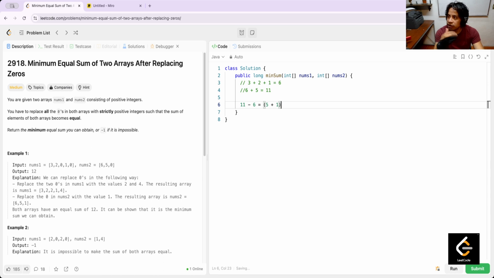Yes, because we are trying to get the minimum number. Now the next, for example, this is 6, this is 11. In this case 11 less 6 is equal to 5. 5 plus 1 is equal to 6. I need to reach the 6 here.